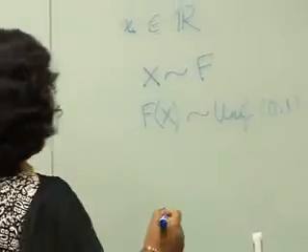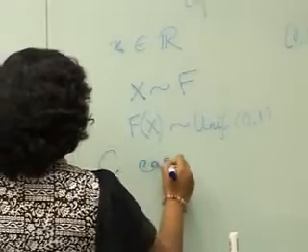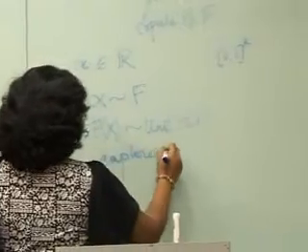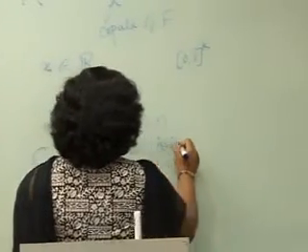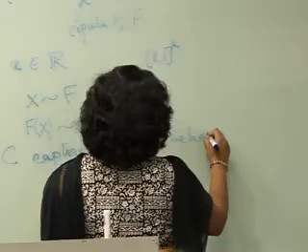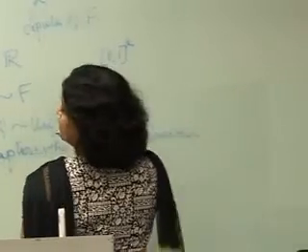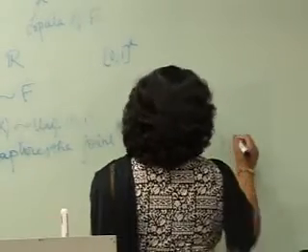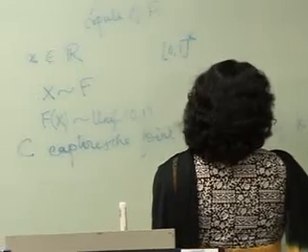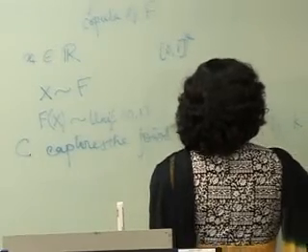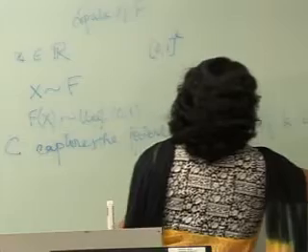So C captures the joint behavior, maybe I have written down, of k uniform 0, 1 random variables. So marginally they are uniform 0, 1 random variables.